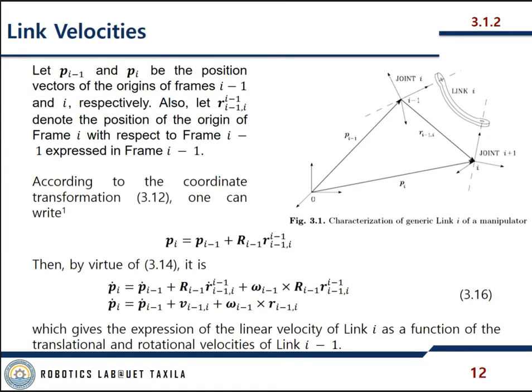So we can write p_i dot equal to p_{i-1} dot plus R_{i-1} and this vector dot, plus omega_{i-1} cross multiplication of this one.